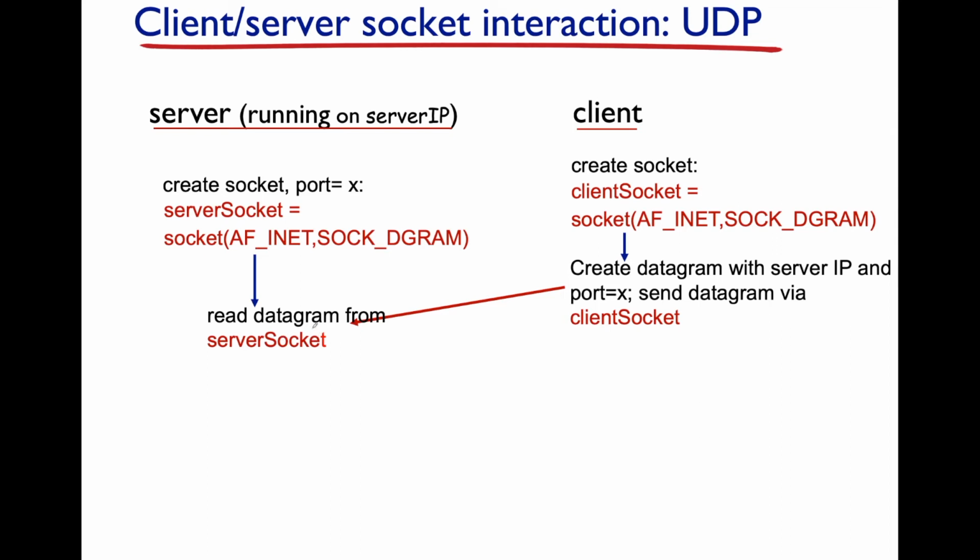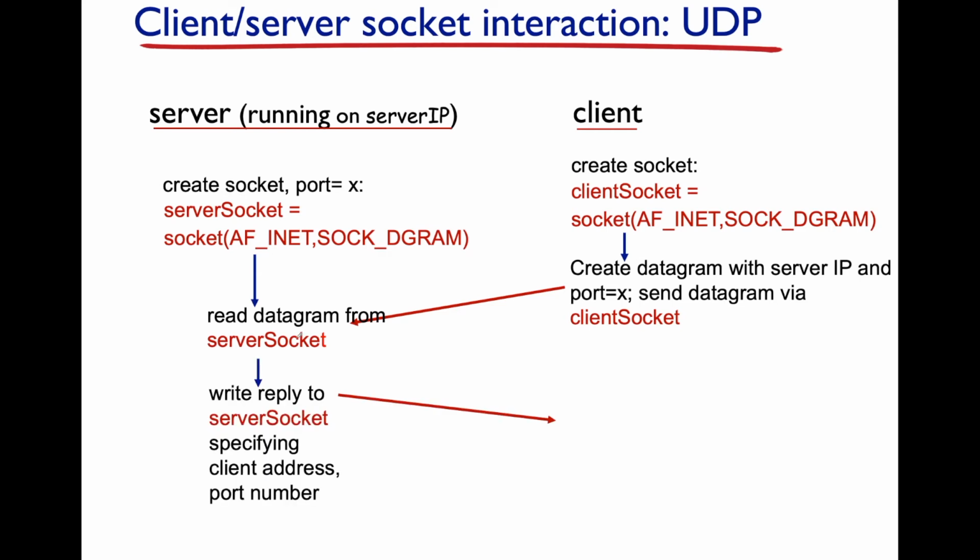This datagram is read from the server socket on the server side, and then it extracts the information from that datagram that it just read, and then writes a reply back to the server socket. And when it writes its reply, it specifies the client address and the client port number.